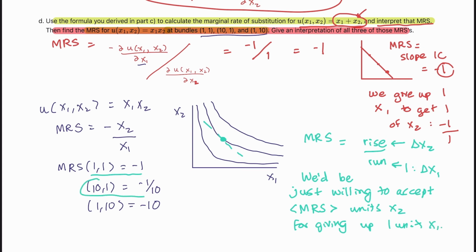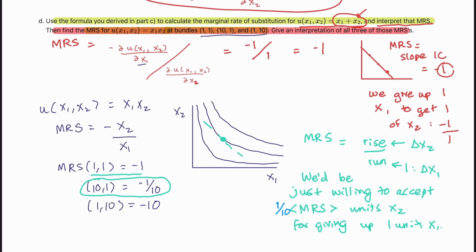So for this case, we'd be just willing to accept 1/10 units of x2 for giving up 1 unit of x1. Or if we multiply that by 10, we'd be just willing to accept 1 unit of x2 to give up 10 units of x1.